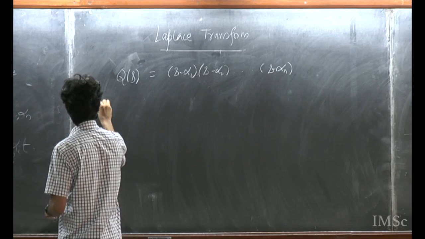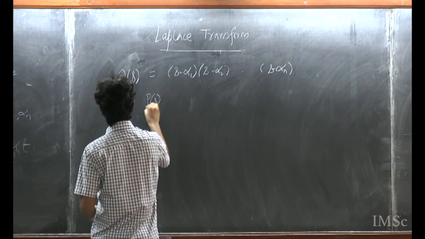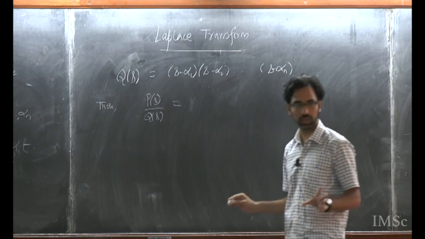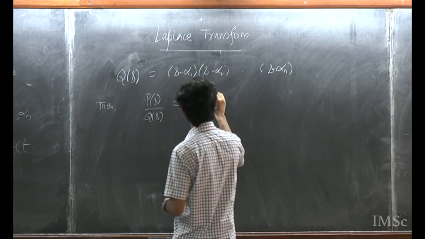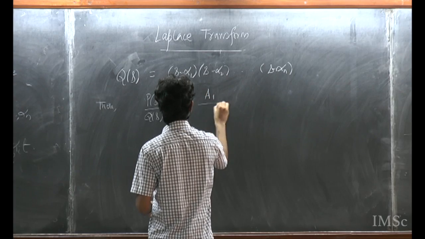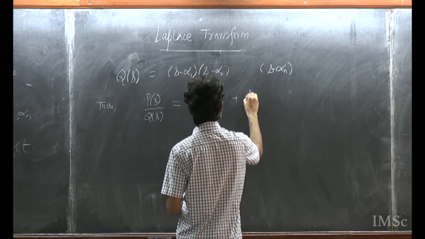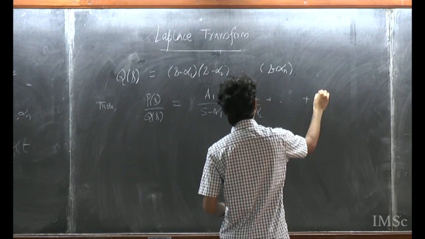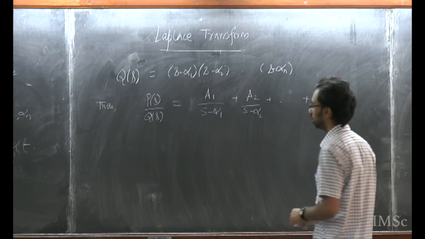Then P(s) over Q(s) can be expanded using the method of partial fractions, and written as a sum: a1 by (s minus alpha 1) plus a2 by (s minus alpha 2) plus ... plus an by (s minus alpha n). Do you agree?